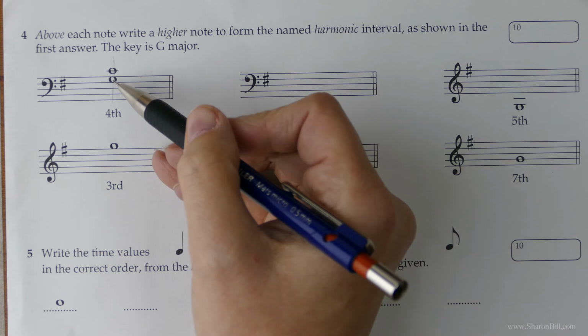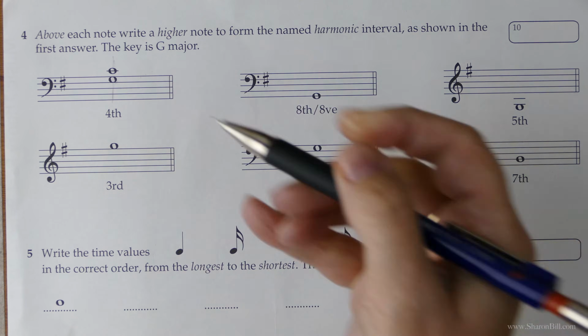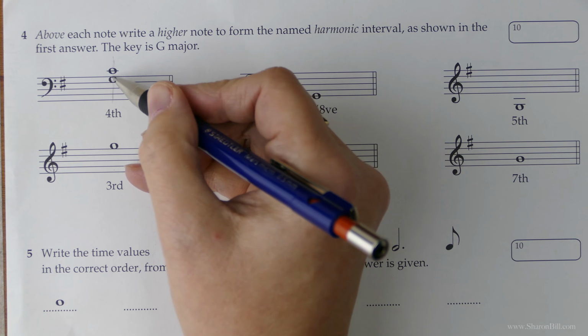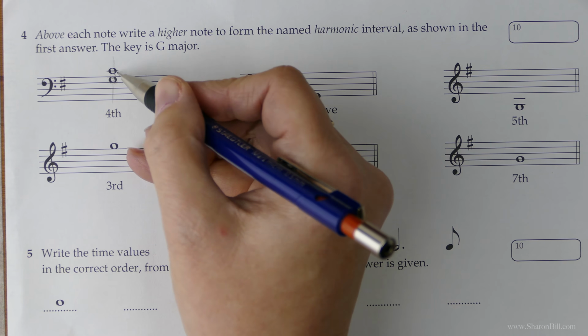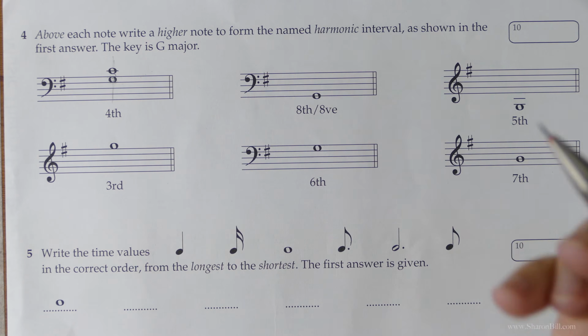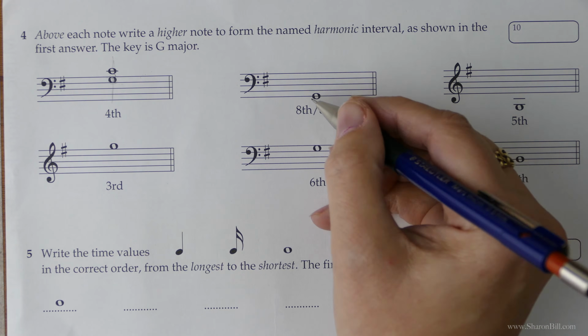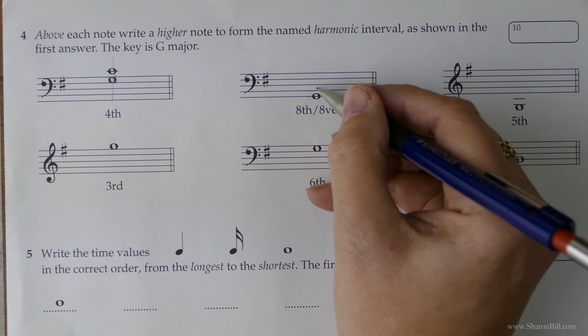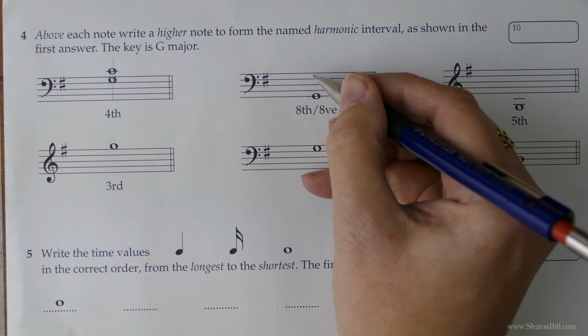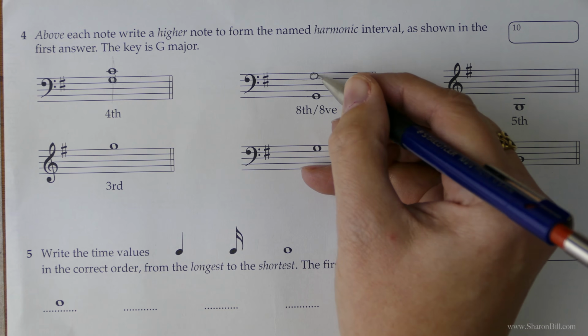And we're in G major and we're counting from G all the time. So don't forget to count G as the first step of the scale, so we can count G, A, B, C, 1, 2, 3, 4. So an octave or an eighth, counting from this low G, 1, 2, 3, 4, 5, 6, 7, 8 takes us to top G here.